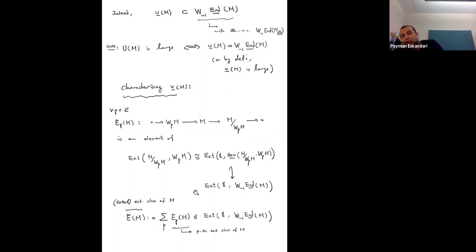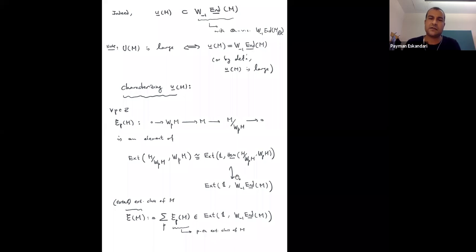And then by functoriality, you get a map from this Ext group to this Ext group, which normally is not necessarily injective, but here it will be injective because of some weight considerations. So you get an injection of this Ext group into this Ext group.